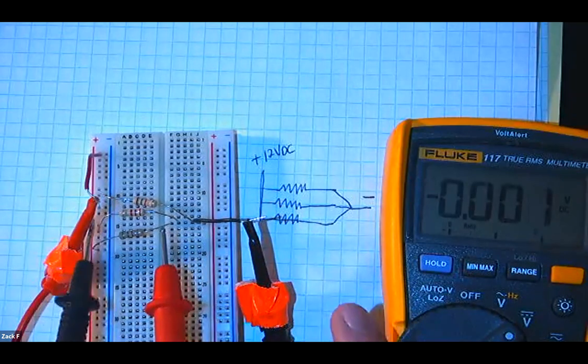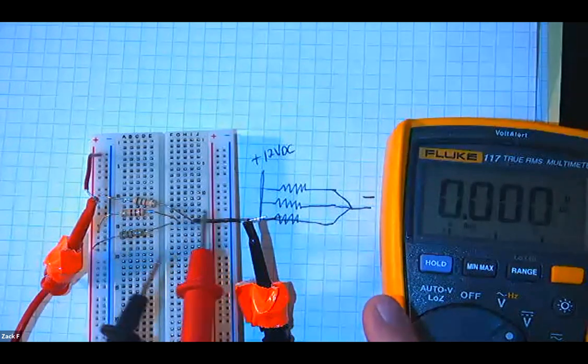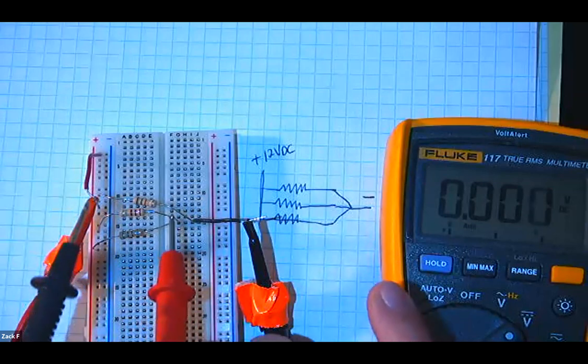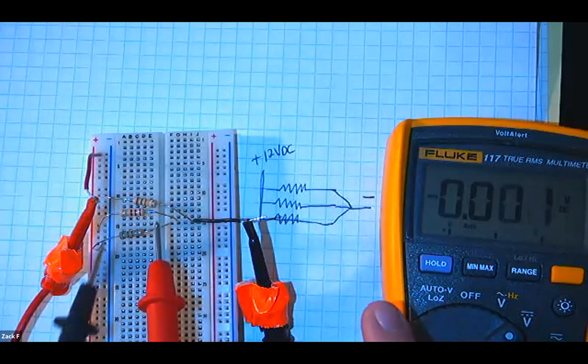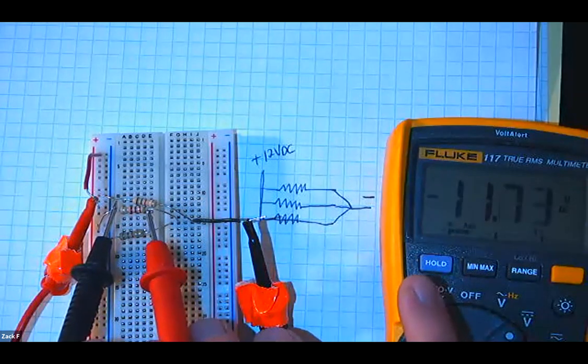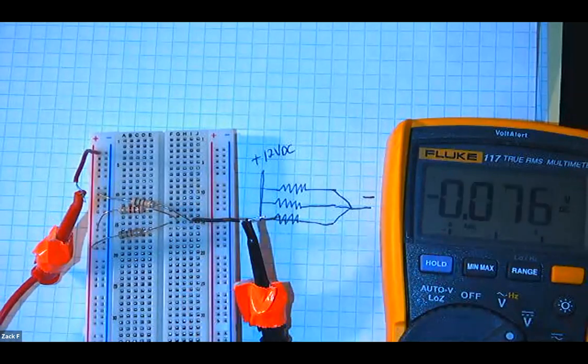What would I have across each branch? So across each resistor, how many volts should I have? Parallel circuit, so I should have 12, right? 12, 12, 12. Perfect.